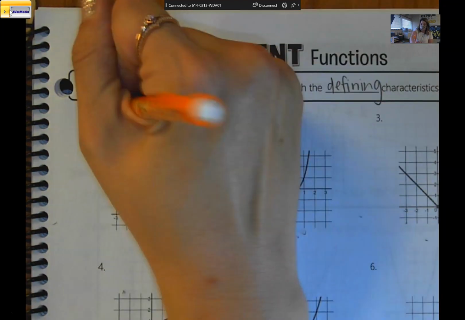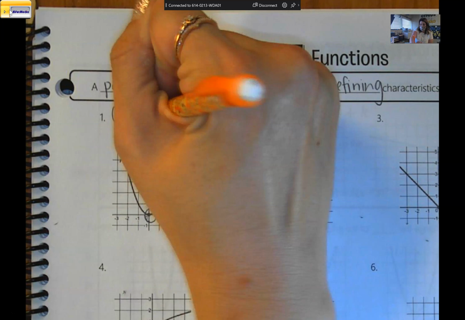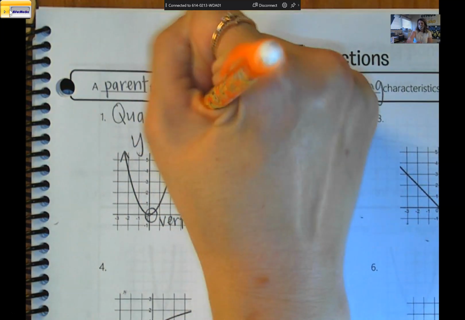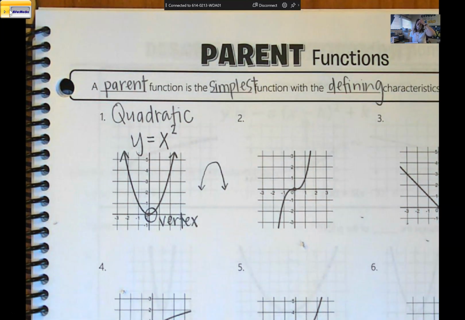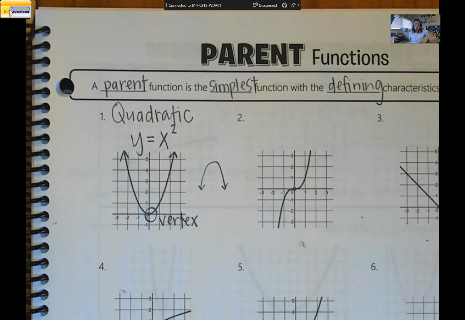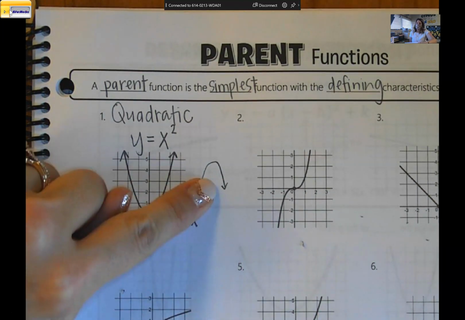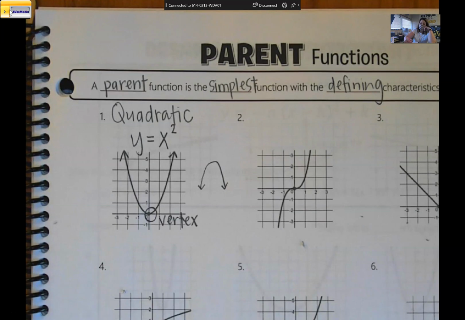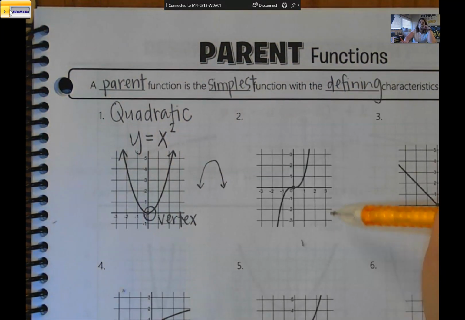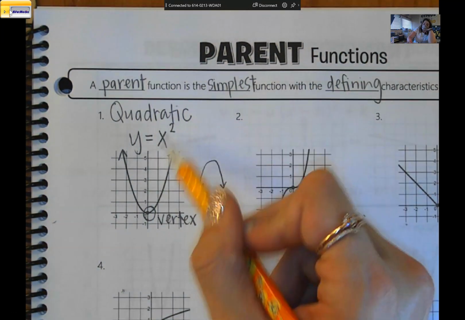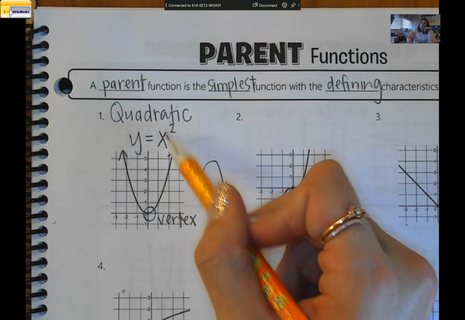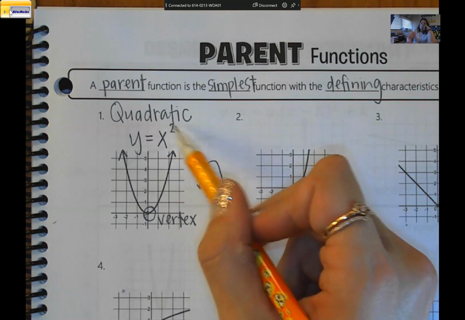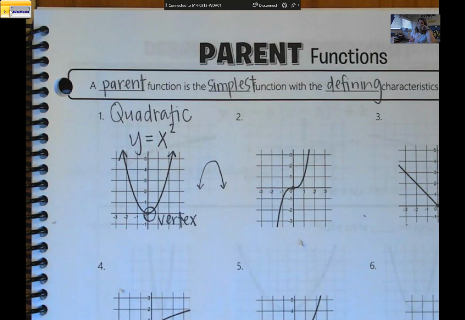This function family's name is the quadratic family. So this guy is the quadratic. Anything that looks like a U and is symmetric or looks like a frowny and symmetric is in this family. If all they do is give you a function, you are looking for the function that has a squared in it or an exponent of 2.